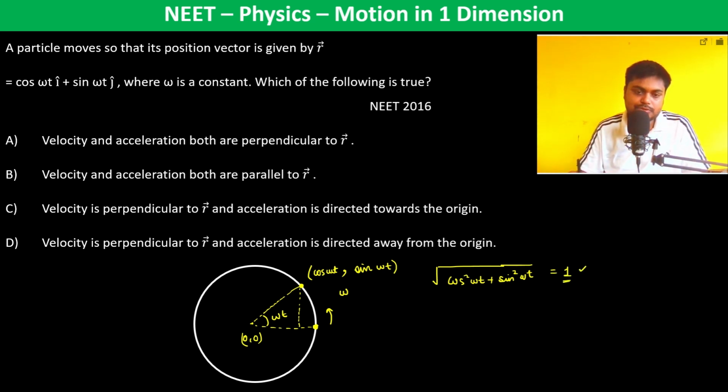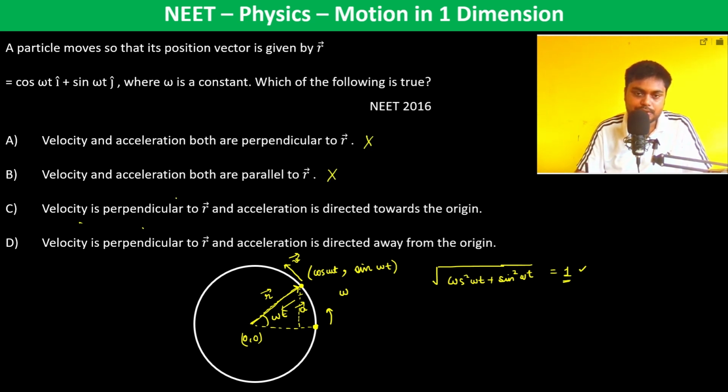So when it is the case of circular motion, what is going to happen? This is the radius vector or the position vector, this becomes the velocity vector, and this is the acceleration vector. So velocity and acceleration both are perpendicular to r? No, that's wrong. Both are parallel? That is also wrong.